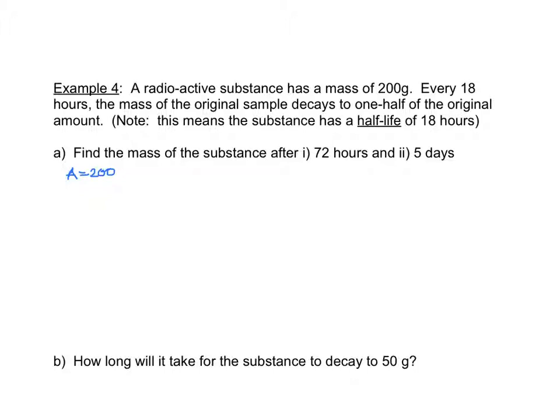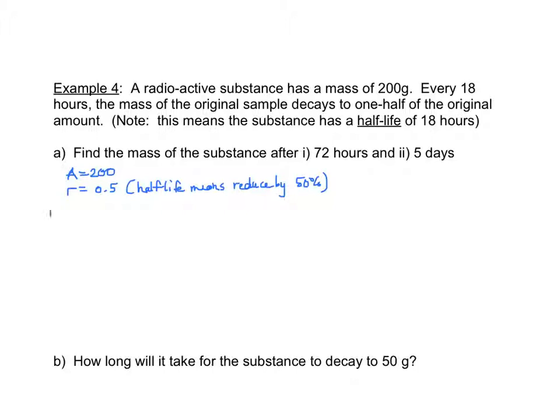And the decay rate is 0.5, because when we're talking about half-lives, it means that we reduce our original amount by 50%. So that's why our R value is going to be 0.5 in both questions. Now, the exponent obviously will change.